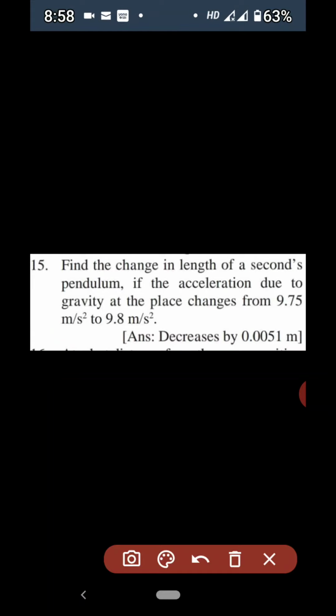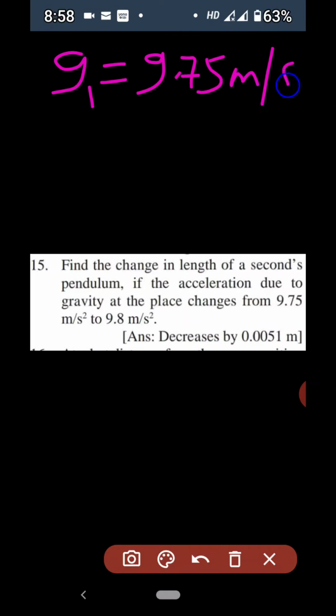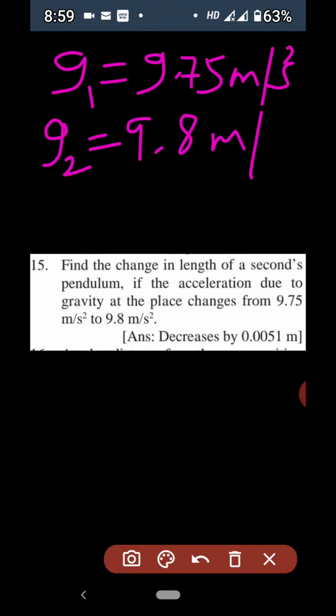Here the value of g initially is g1 equal to 9.75 meter per second square, and after it becomes g2 equal to 9.8 meter per second square. So in short, the value of g in this case increases.